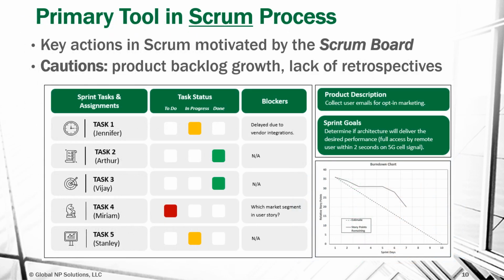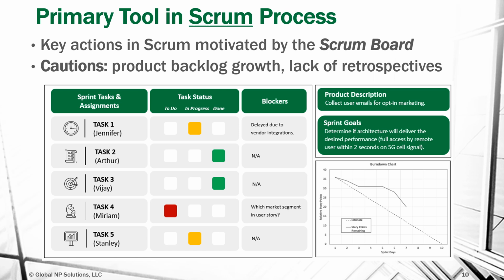The primary tool in a Scrum process is a Scrum Board, and I think this is a fantastic tool. I recommend it for any project that is involving product development effort and relatively small teams or a few number of sub-teams working on a larger project. The Scrum Board shows us the product description.